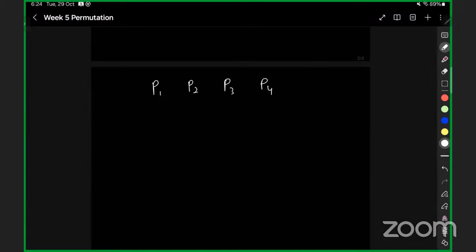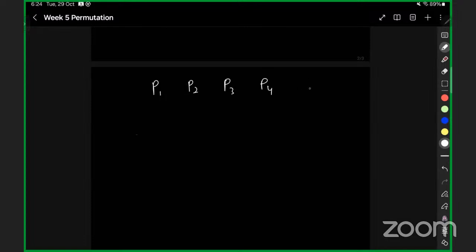These four people start racing, and I have to choose who will win the race. So you can see that maybe P1 can win the race, or maybe P2 can win, or P3 can win, or P4 can win. So here also it's the addition rule, right? Four ways it can happen.